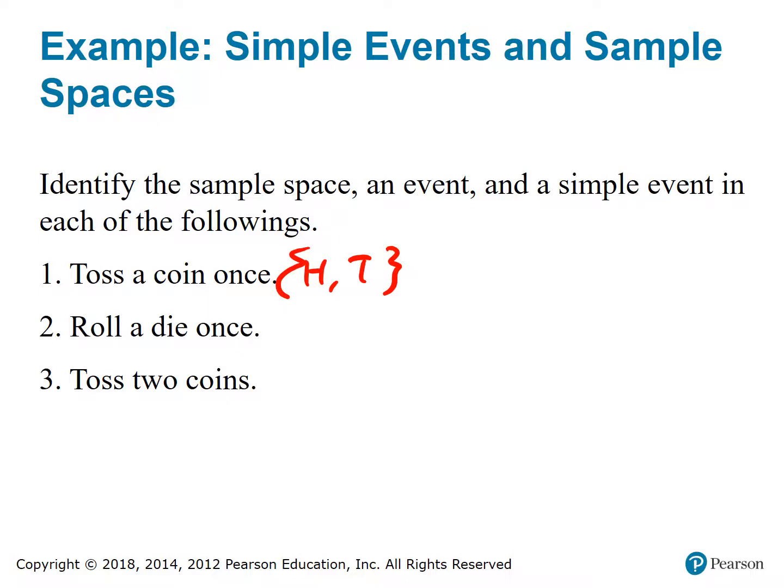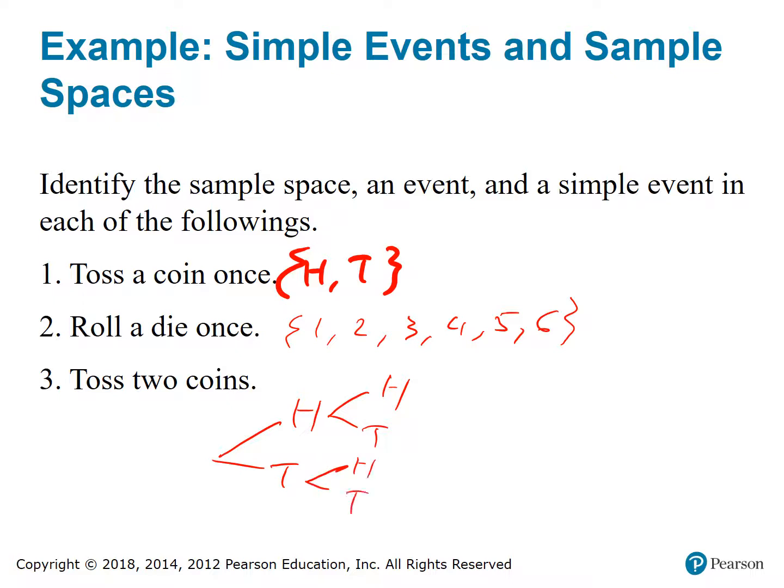If you roll a die once, that would be 1, 2, 3, 4, 5, or 6. And if you toss 2 coins, again, we've already been through that one. You just do your mapping. Heads or tails, heads, tails, heads or tails. Okay, any questions so far?